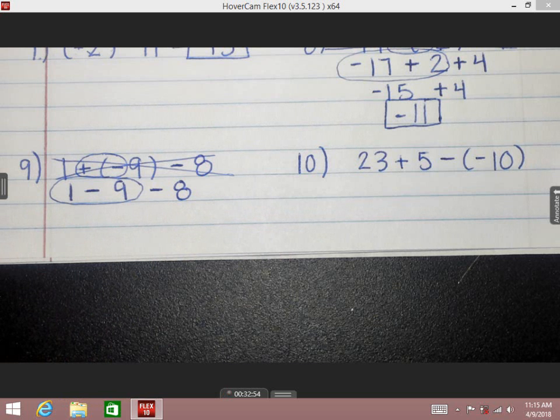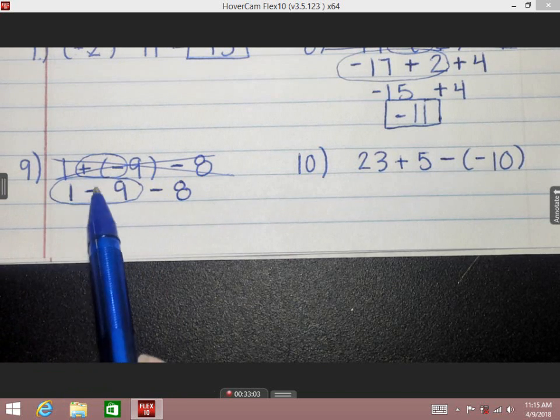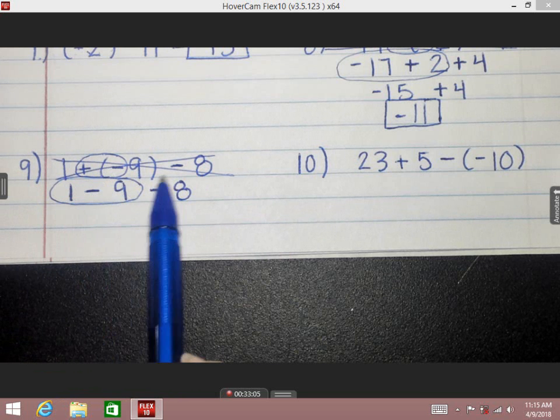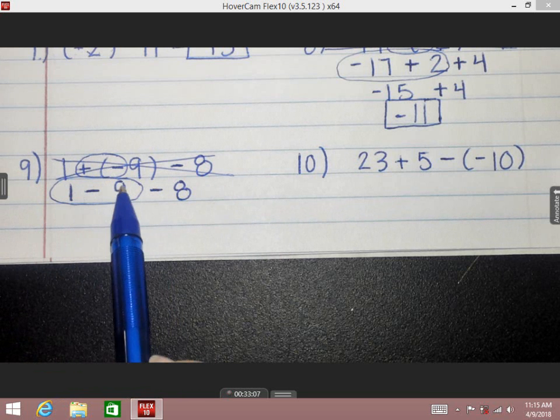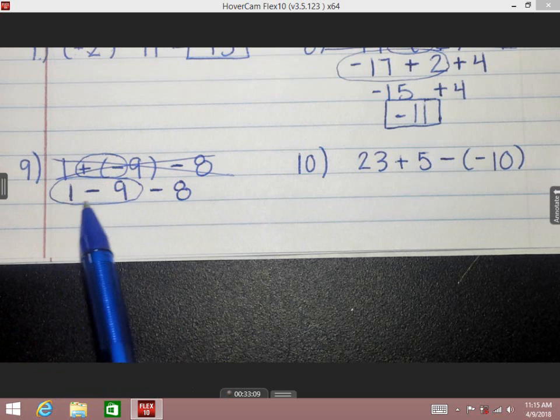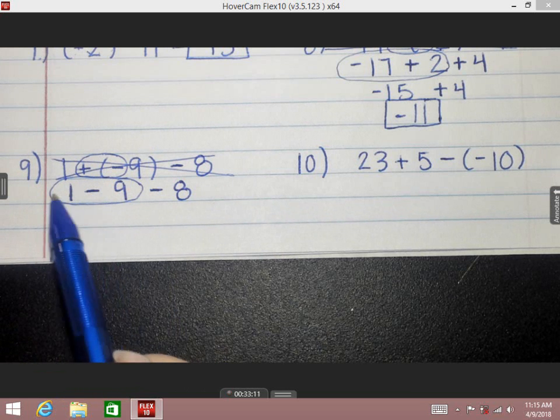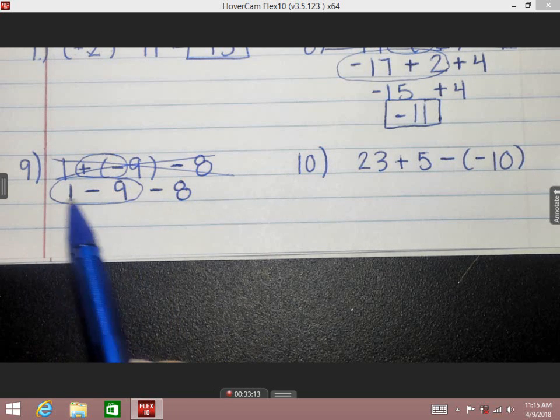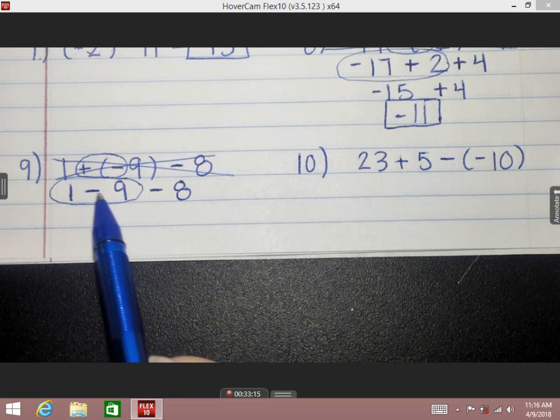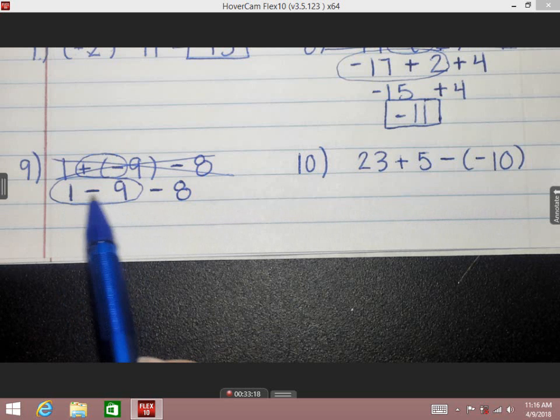Reagan? In my circle here, 1 minus 9. What type of number is 1? What type of number is 9? So those are different. So we have different signs here, which means what do I have to do if they're different? Alana? Subtract.